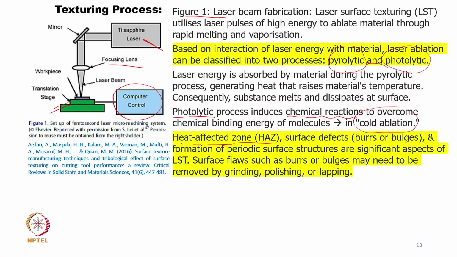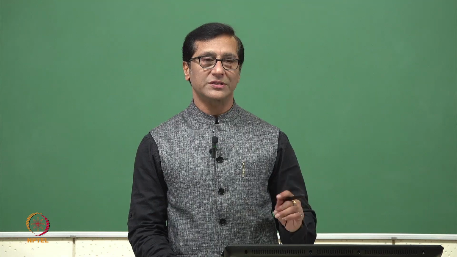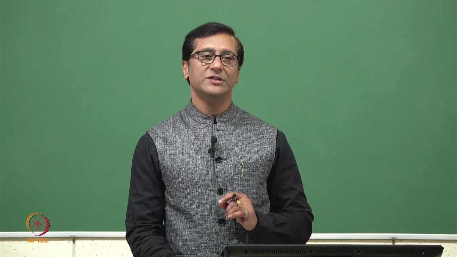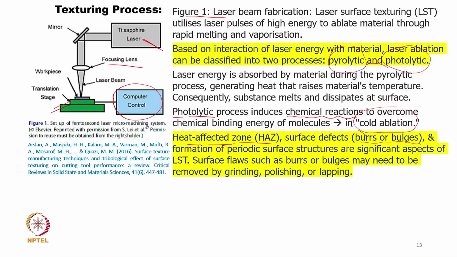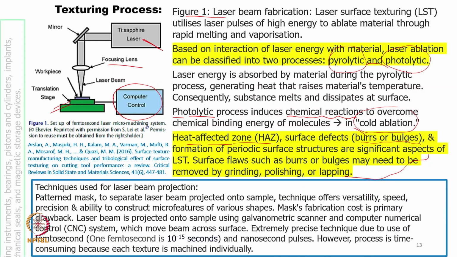However, one of the major issues with laser texturing is heat affected zones, and some places, particularly where there is a discontinuity. There is a valley and there is a smooth surface, and in between there will be some sort of discontinuity. There the burrs and bulges will be there, and that is going to give more problems. That's why we say that after laser texturing, a superfinish operation should be done. It can be grinding, polishing, or lapping. That needs to be accounted for properly.